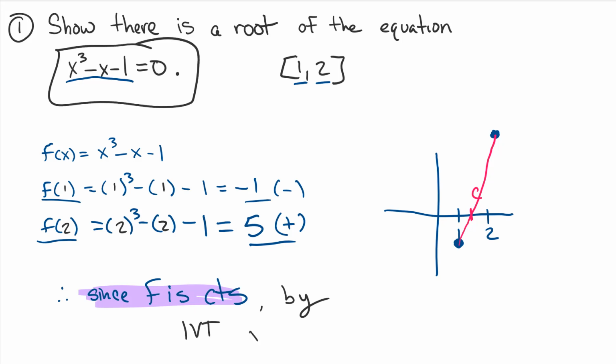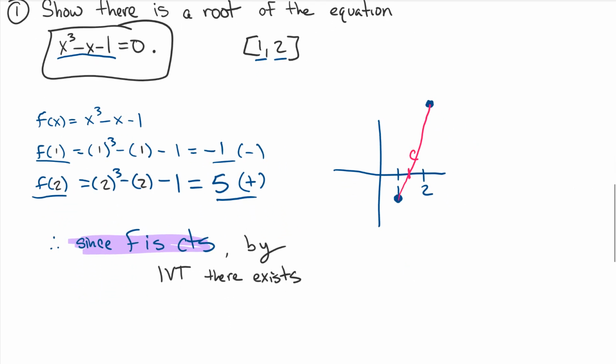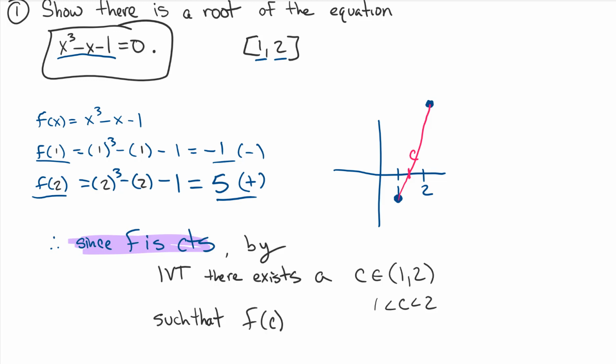There exists a c in the interval between 1 and 2. This just means that there's a c in between 1 and 2. That's fancy talk, okay? Such that f of c equals 0. And then we can just end our problem.